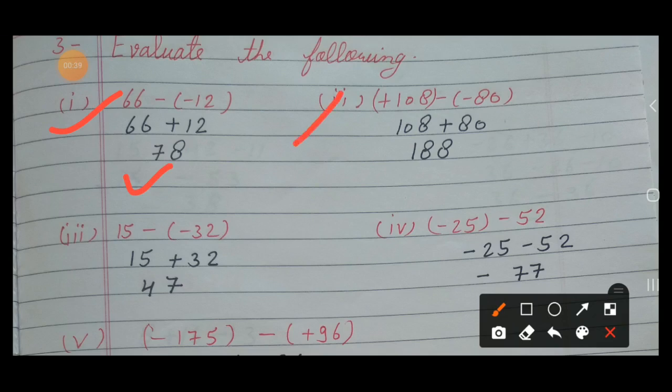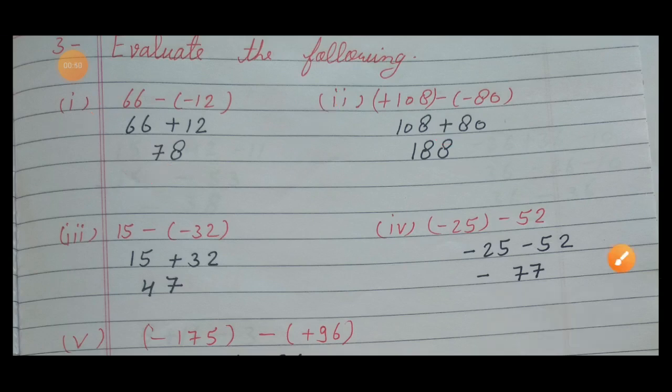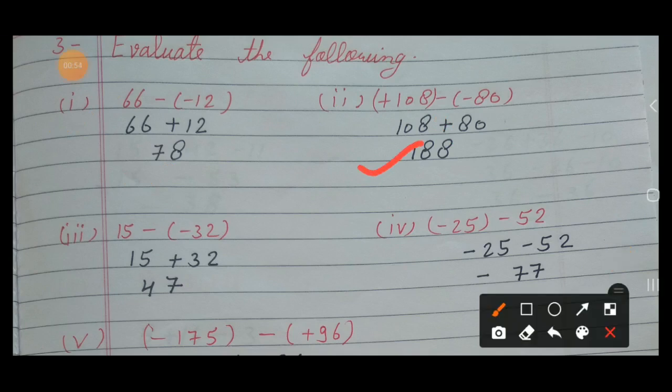In second part, 108 minus 80. Minus plus. Yes, plus. 108 plus 80, 188 with positive sign. Third, 15 minus 32. 15 plus 32, 47.